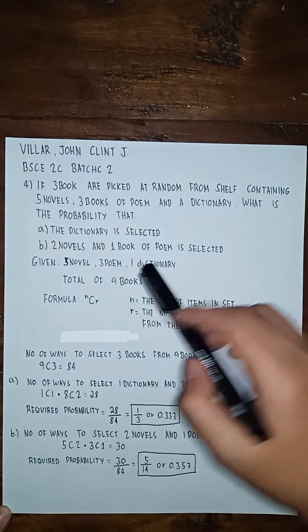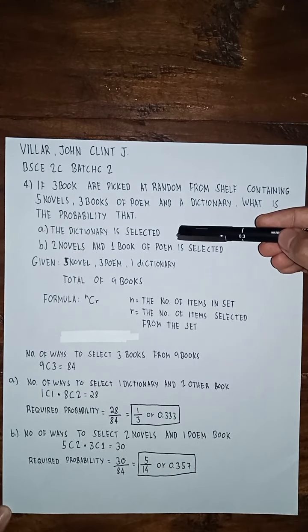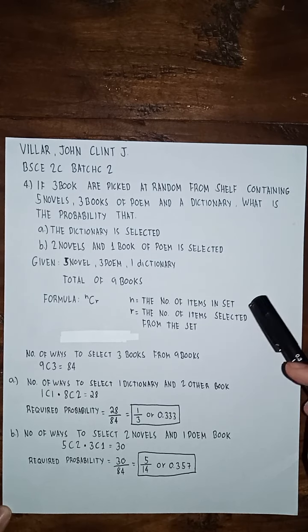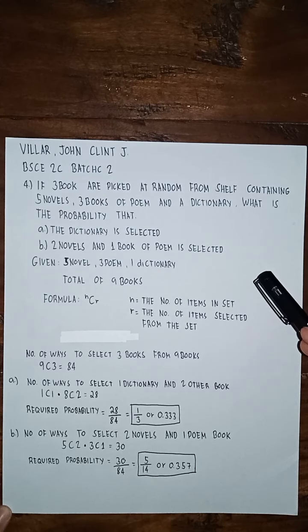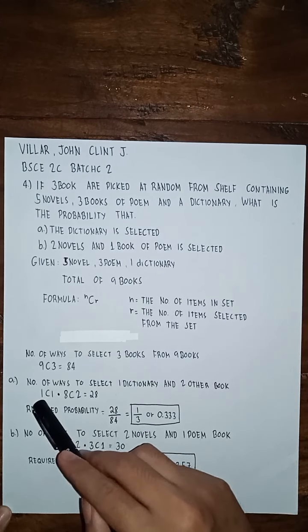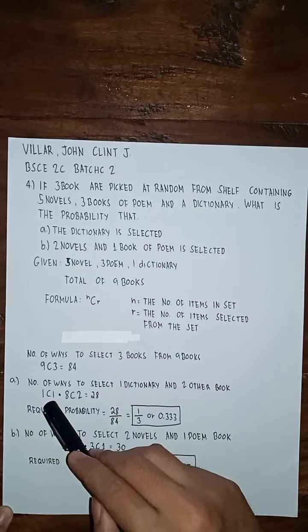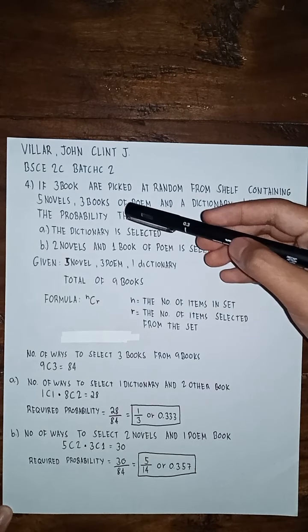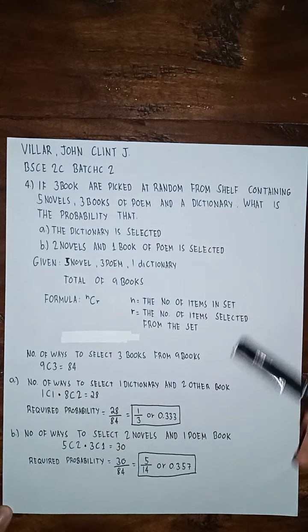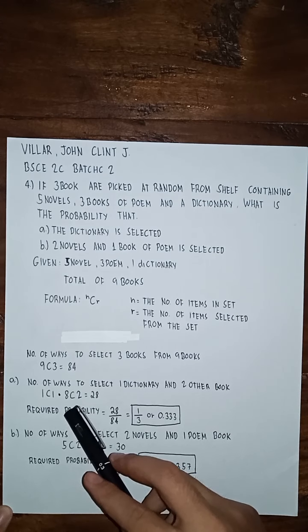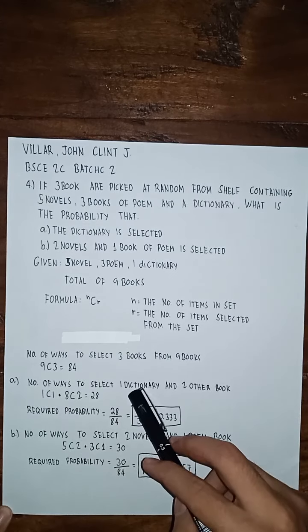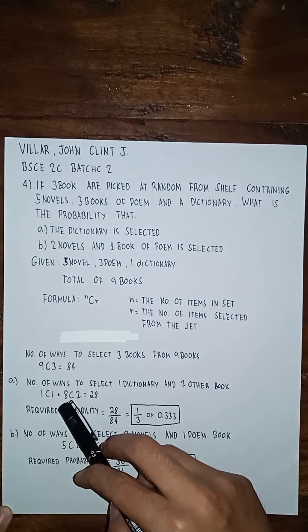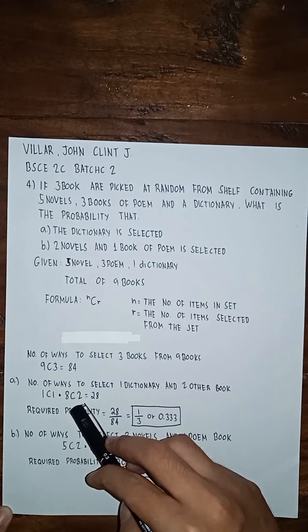So, dito sa A, ang sabi is dictionary is selected. So, first, we get the number of ways na makakuha tayo ng dictionary. So, 1 combination 1. Then, meron pa tayong remaining 2 other books kasi sabi sa problem is 3 random. So, that's why 8, kasi 9 minus the dictionary, 8 combination 2.